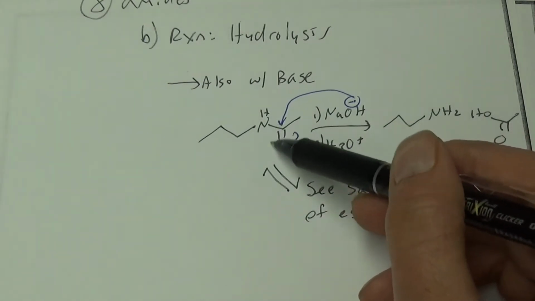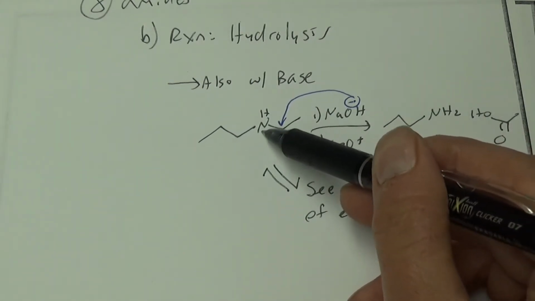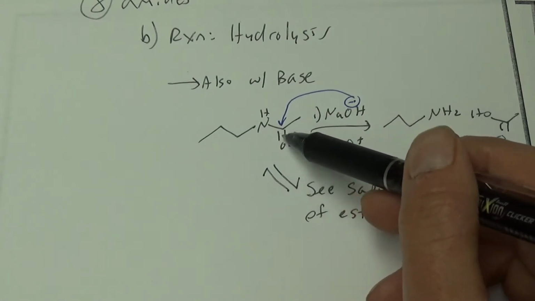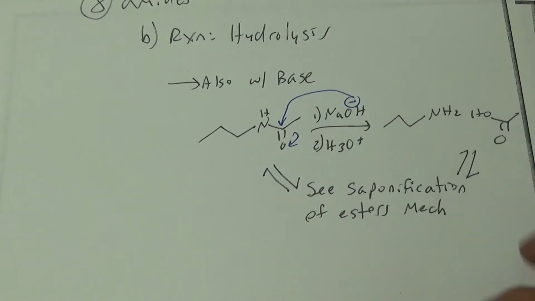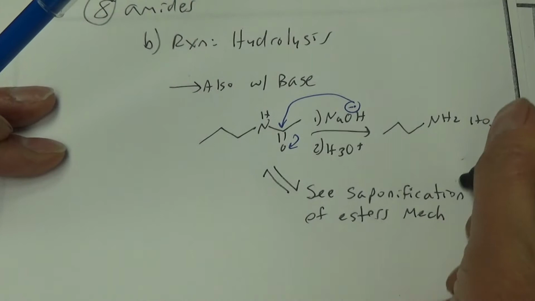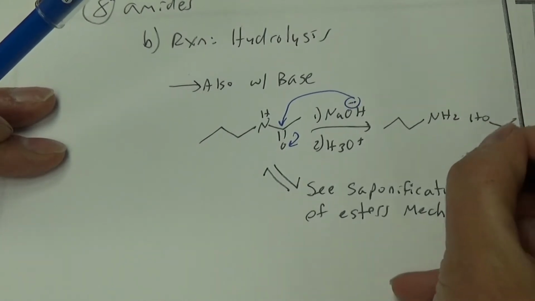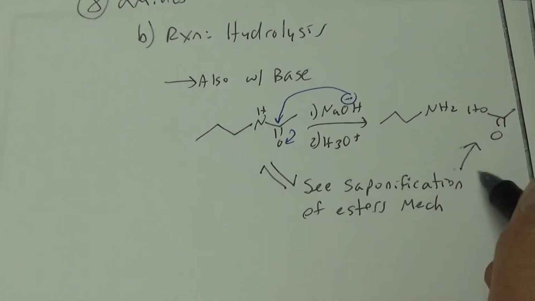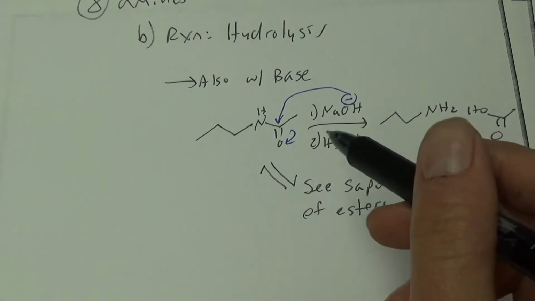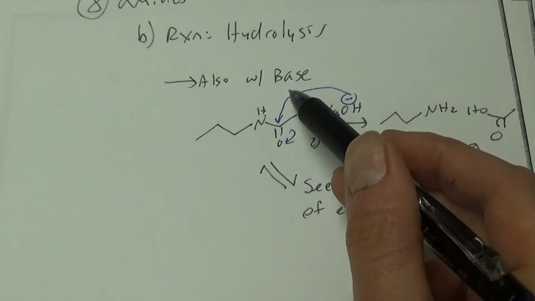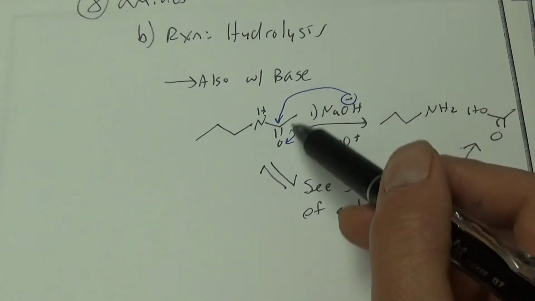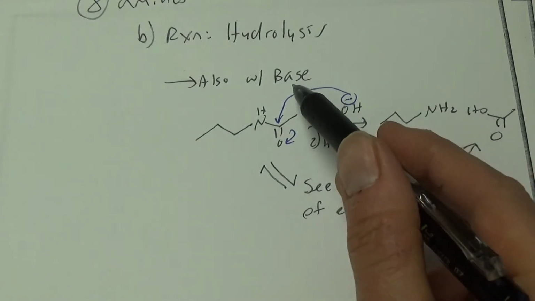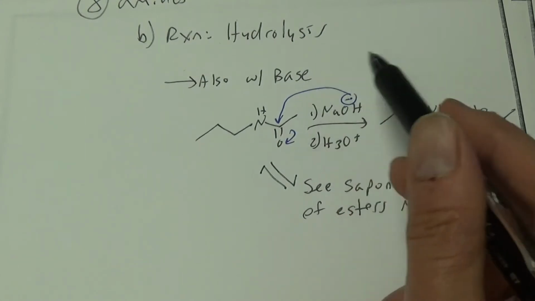the base, NH minus, would take the proton off the carboxylic acid. And so actually the last step is irreversible. If you look at saponification, you'll see what I'm talking about, because it's the same exact mechanism for base-mediated hydrolysis of an amide versus an ester.